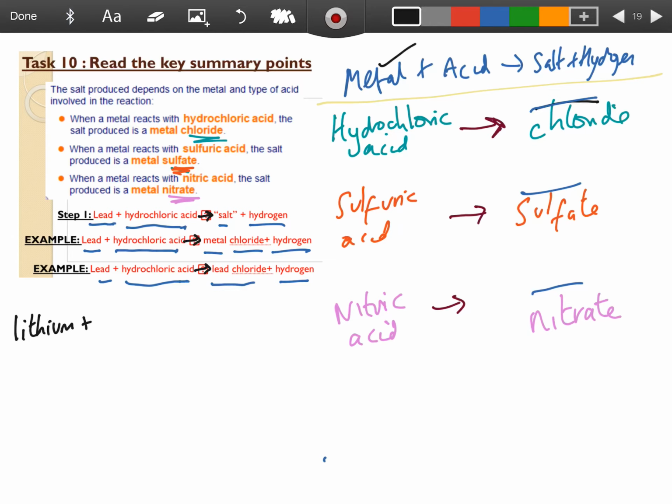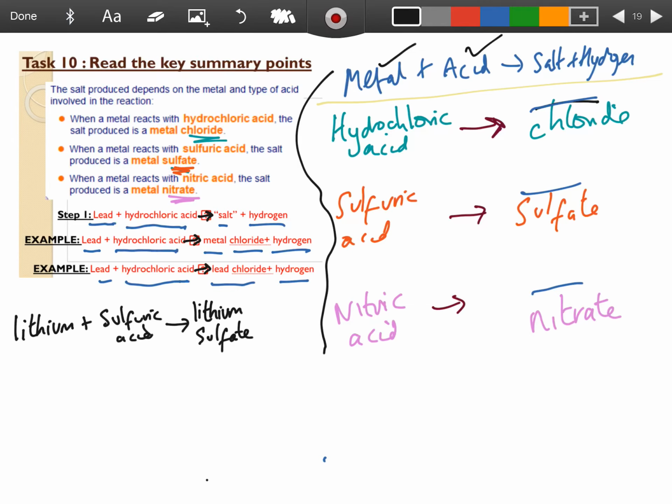I may say to you, sulfuric acid. Okay. Then you've got to turn it into a salt. So what you do is you write the first word of the metal, and then you go to this table here. So what is the name of the salt that sulfuric acid makes? Sulfate. Then we've just got to put hydrogen.